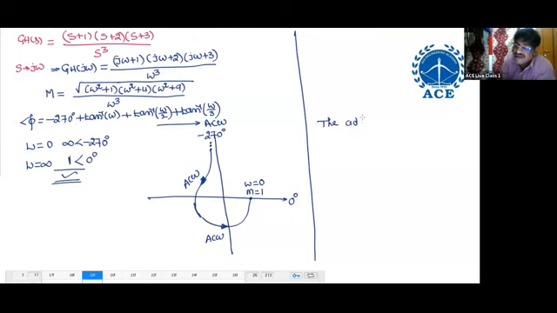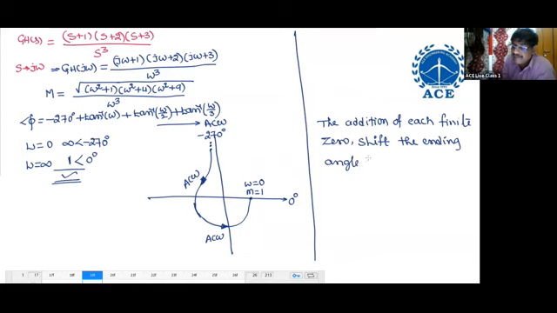The addition of each finite zero shifts the ending angle by plus 90 degrees.